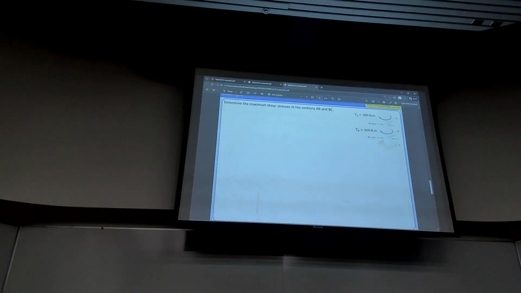Yes, I found you. Nick, in that equation, tau equals TR over J, what is the long name for the parameter J? Like the equation for J?